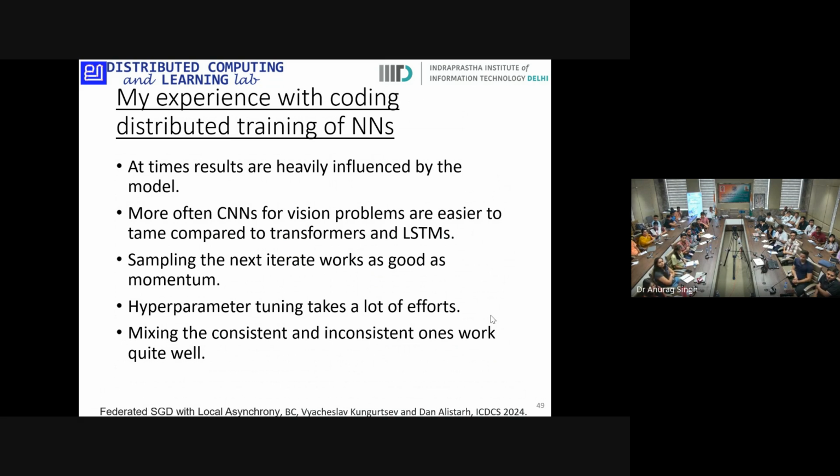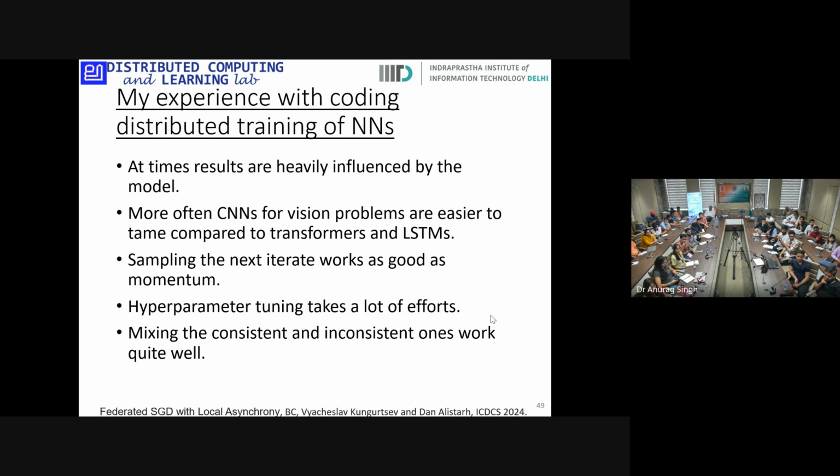You apply the same asynchronous algorithm, and asynchronous algorithms work quite well with vision models, your ResNets and so forth, computer vision tasks, but they don't work that well for NLP tasks, like LSTMs and transformers. So at times the same algorithm may behave differently for different models. More often, CNNs for vision problems are easier to train compared to transformers and LSTMs.